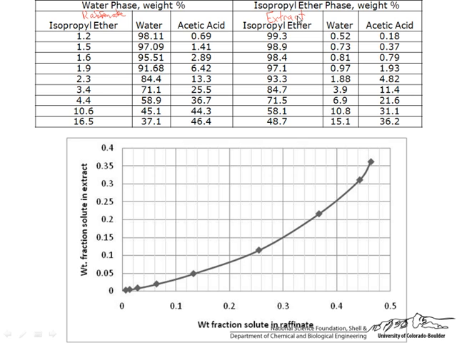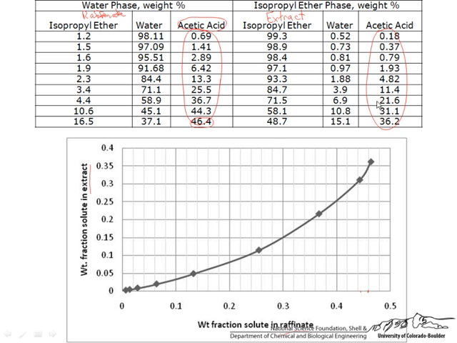Now you could choose to plot either isopropyl ether, water, or acetic acid, but our standard here is usually plotting the solute, which is going to be the acetic acid. So I'm going to plot the acetic acid that's in the raffinate down here versus the acetic acid that's in the extract. So for instance, I've got 46.4, so let's go to that point. It would be here.